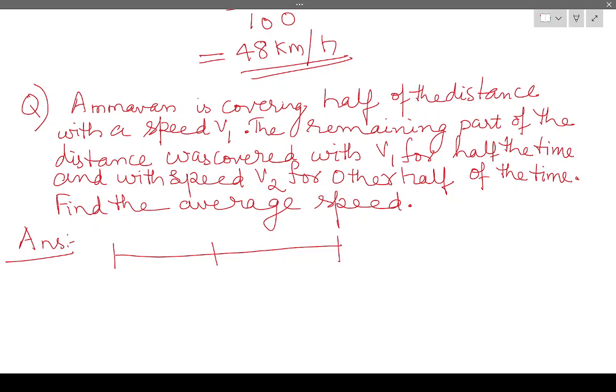Let us assume the first half is D and the second half is also D. So half of the distance with a speed v1, and the remaining part of the distance. Suppose for the second half, the total time taken, let us assume it is t. Half of that, t by 2, t by 2.